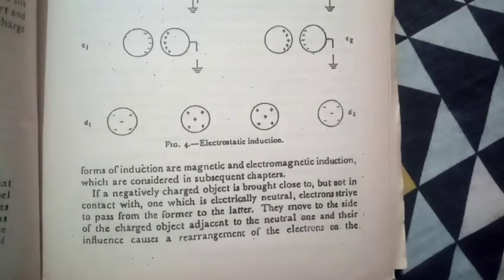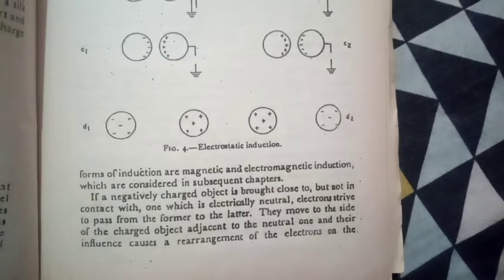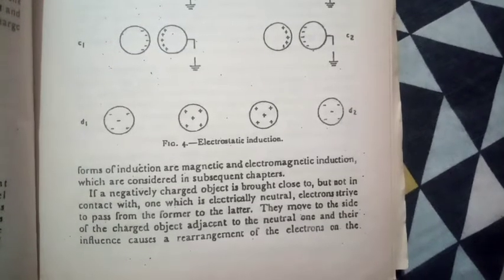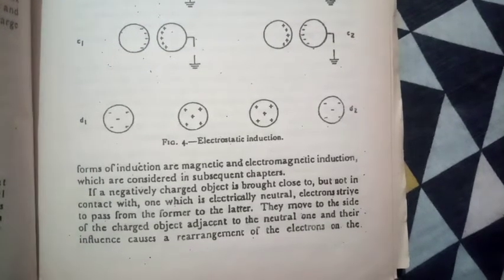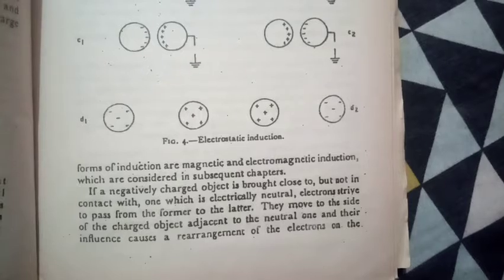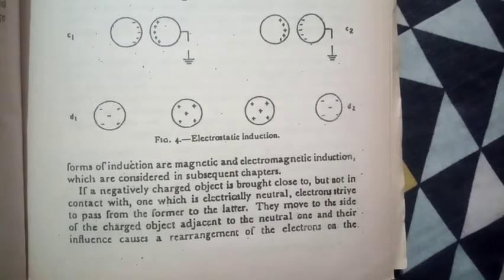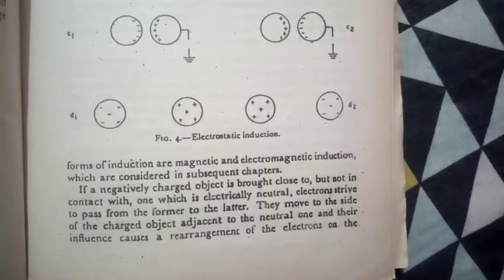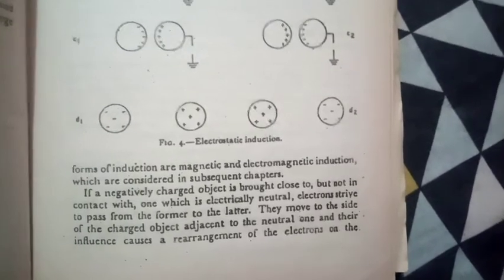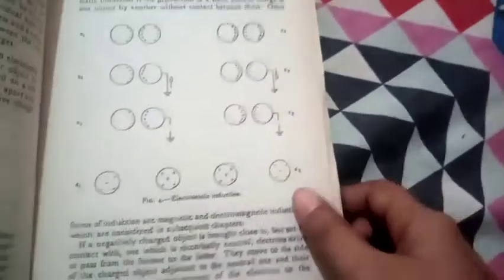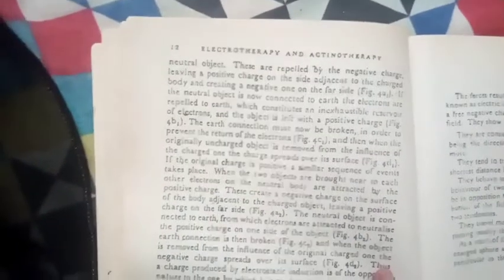If a negatively charged object is brought close to but not in contact with one which is electrically neutral, electrons strive to pass from the former to the latter. They move to the side of the charged object adjacent to the neutral one, and their influence causes a rearrangement of the electrons in the neutral object.